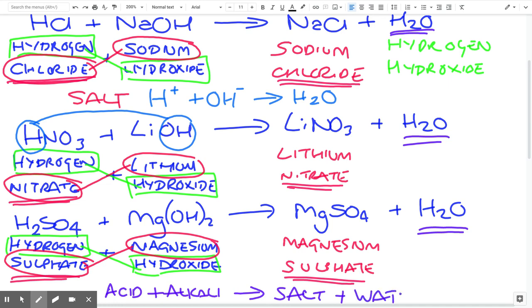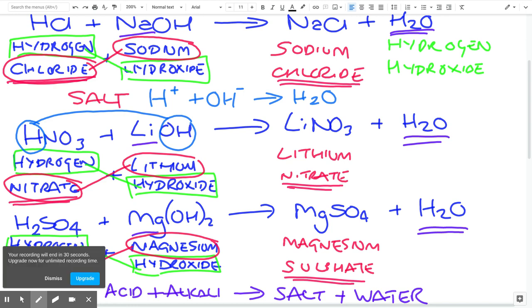And the type of salt produced depends upon the type of acid, like we say, whether a chloride, nitrate, sulfate, phosphate, ethanoate, or anything like that, reacting with the type of alkali, sodium hydroxide, lithium hydroxide, magnesium hydroxide, calcium hydroxide, etc. So by using the words, we can use that to predict the type of salt we will produce, and also, in every example, the presence of water.